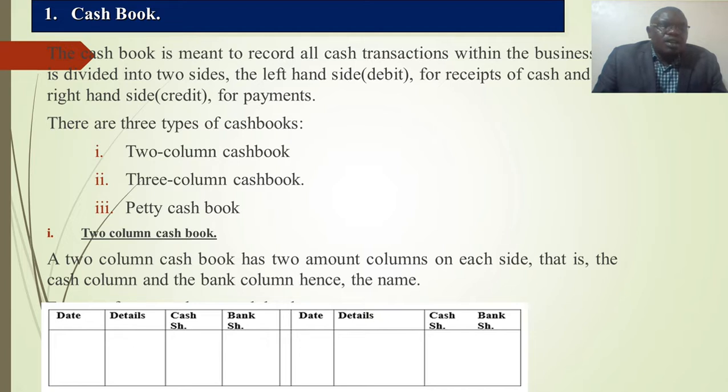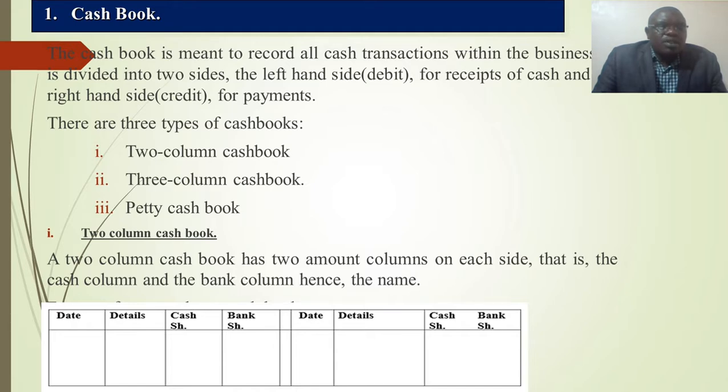The cash book exists in three forms. We have a 2-column cash book, we have a 3-column cash book, and for those who keep an imprest system, we have what we call a petty cash book. We are going to look at each one of them and what it entails.